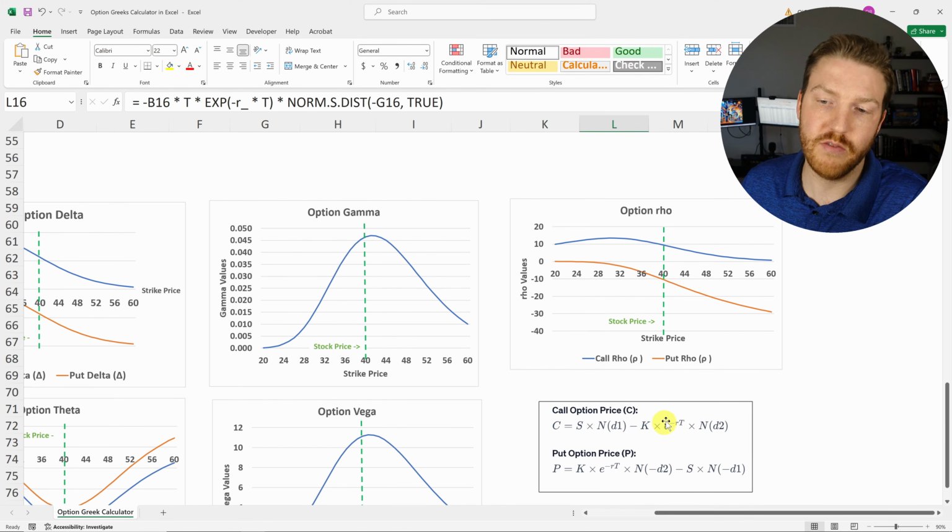So this e to the negative RT is just a present value calculation based on the risk-free rate and the time to maturity.